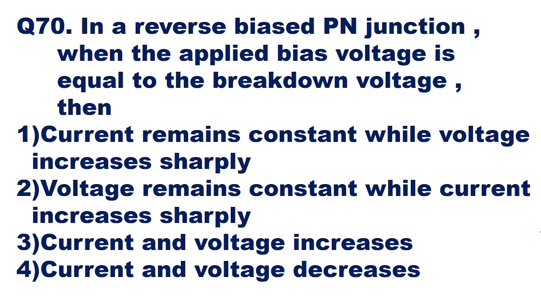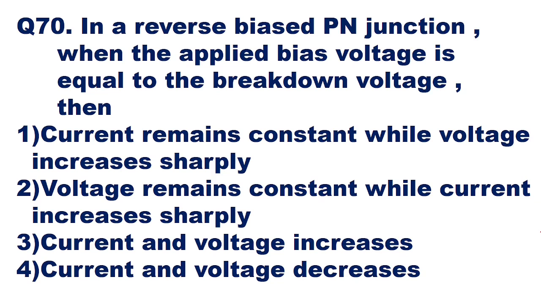That means valence electrons become free electrons. And these free electrons will be called minority charge carriers. And whenever a free electron is put into the conduction band, one hole is left in the valence band. This will create electron hole pairs.